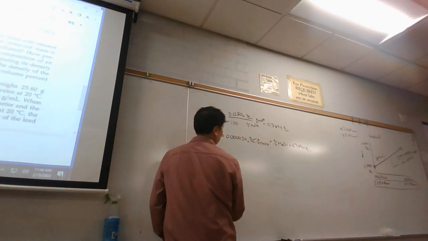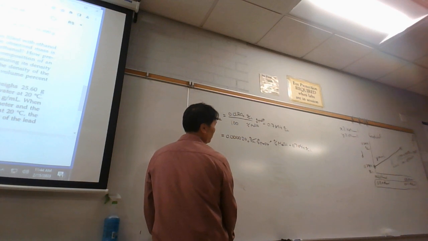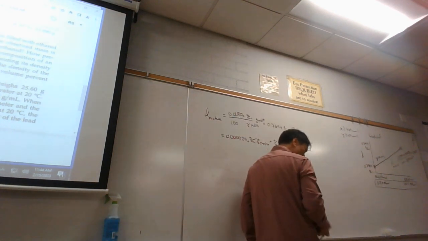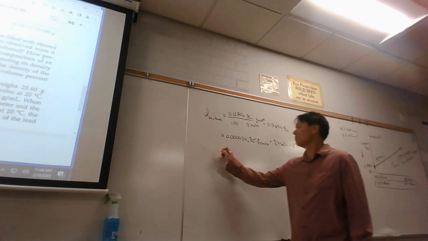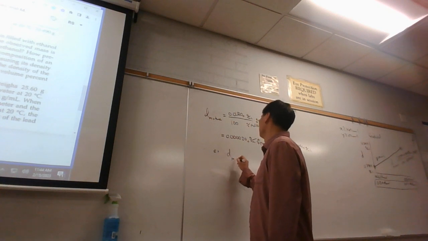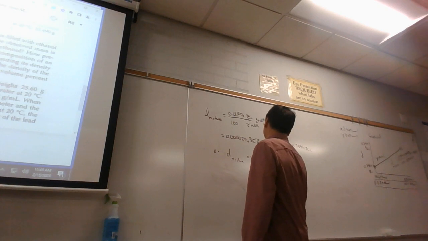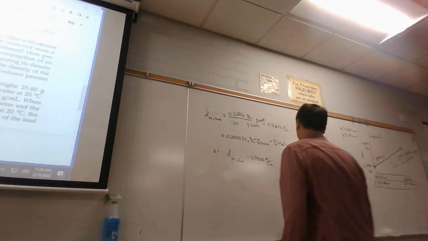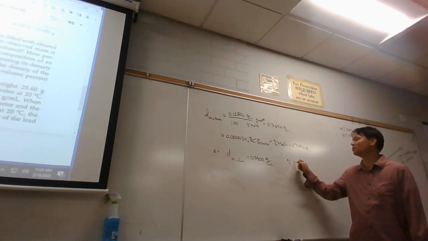And so let's try, we could either pick a density or we could pick a percent composition. Let's pick a density. Let's say this mixture had a density of 0.7900. If the density of the mixture was 0.7900, what is the percent composition?